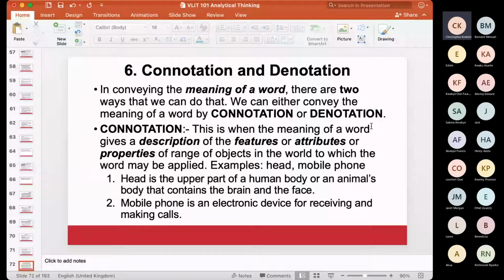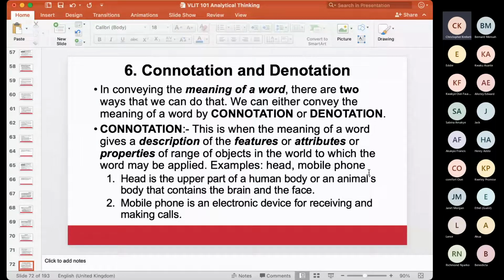So that is a connotative meaning. A connotative meaning implies that the meaning of a word gives a description, right? So the word head, when we are defining it, is giving a description of what head means.